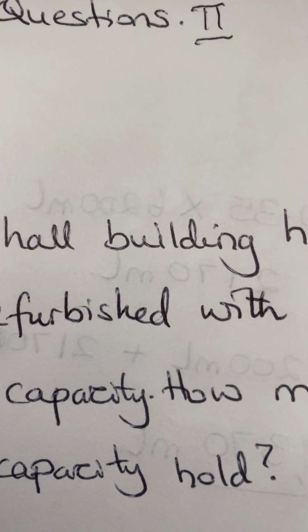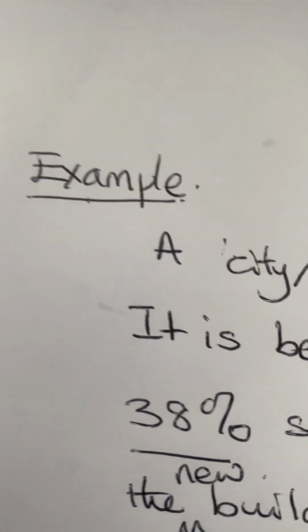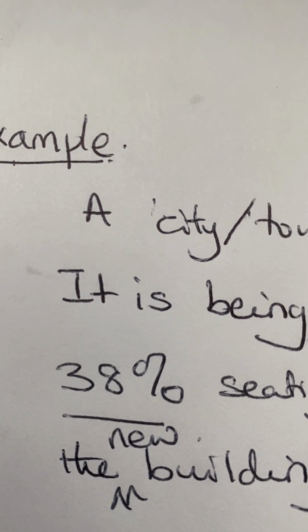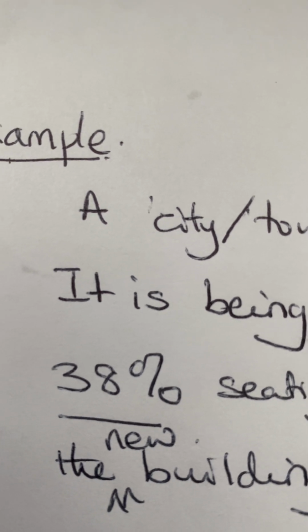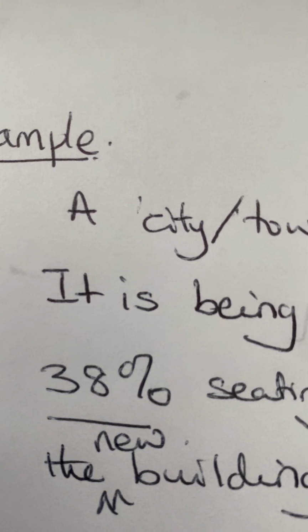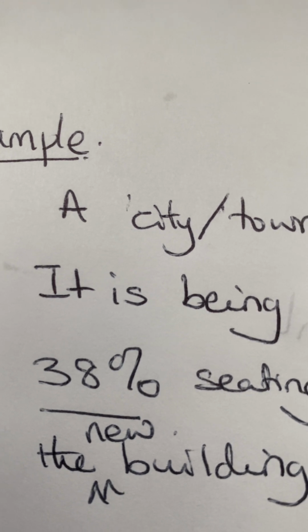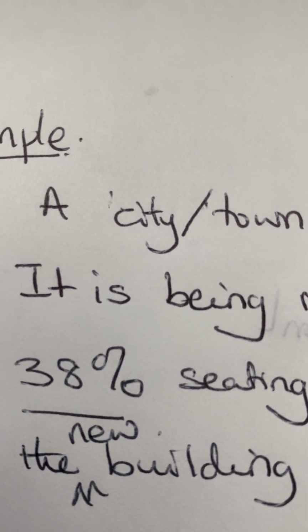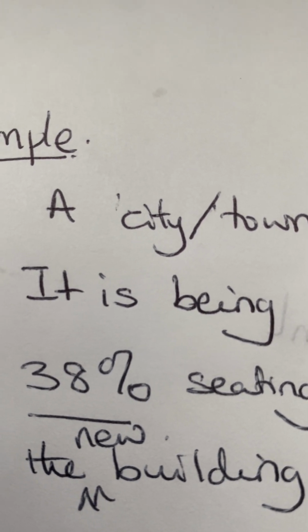Okay, so let's start with today's lesson. I have a few examples for you from yesterday, but today I just want to apply one method. Yesterday I spoke to you about 3 methods.